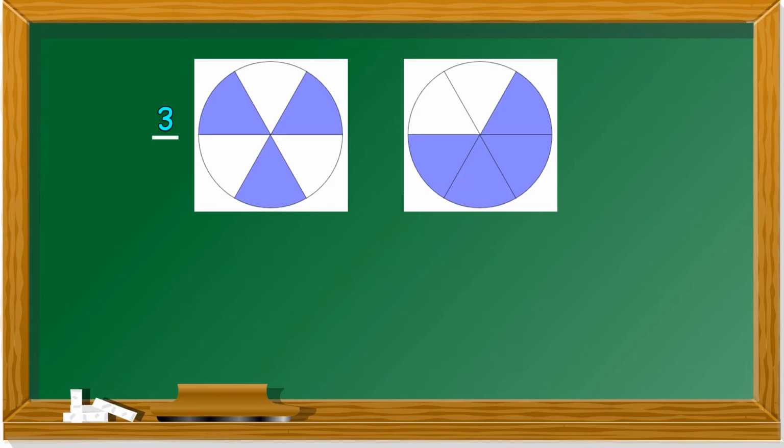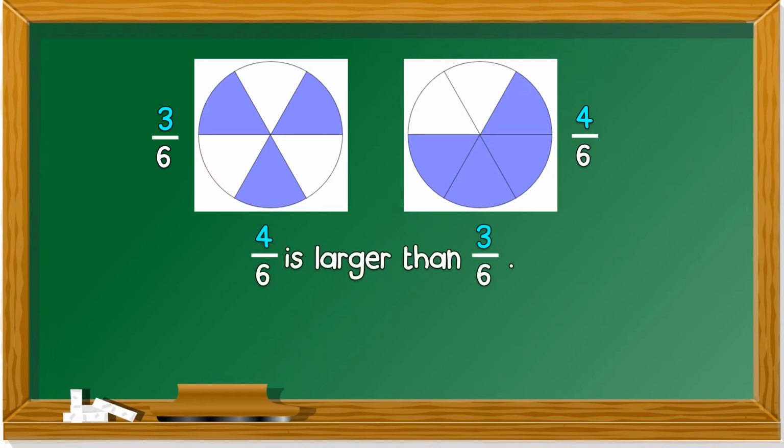The first one has 3/6. The second one, 4/6. You can say 4/6 is larger than 3/6. 4/6 lebih besar dari 3/6.